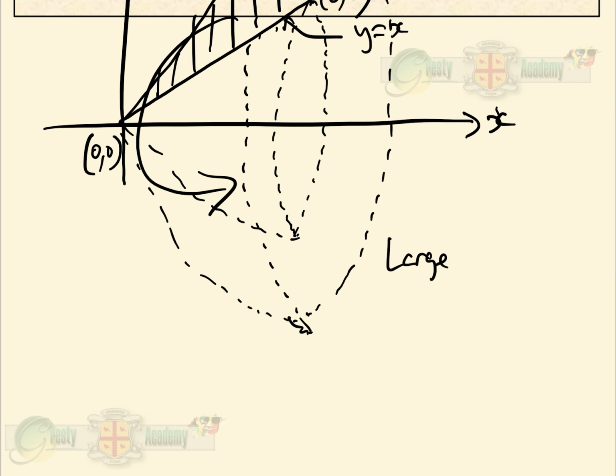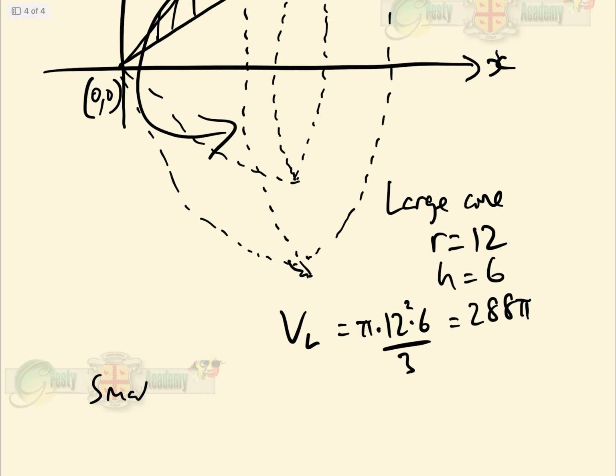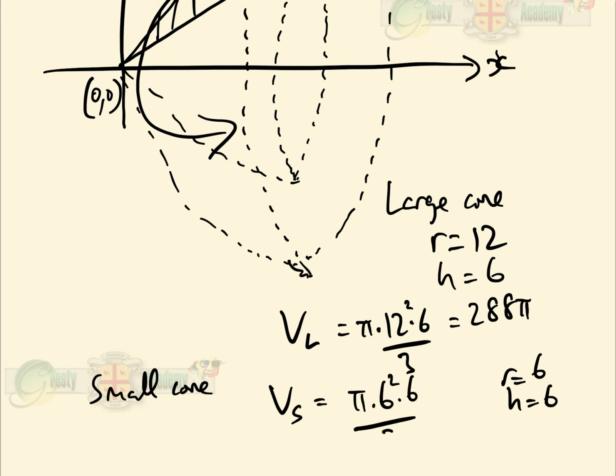For the large cone, the radius is clearly 12 and the height is 6. So the volume of the large cone is pi times 12 squared times 6 over 3, which is 288 pi. For the small cone, r is now 6 and h is still 6, so the volume is pi times 6 squared times 6 over 3, which is 72 pi.